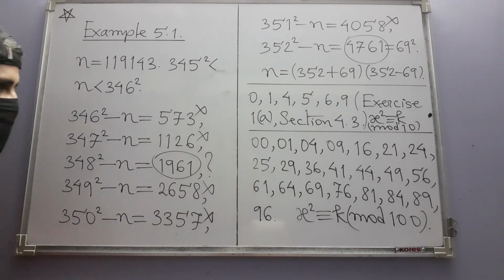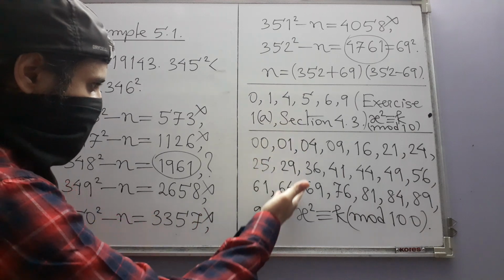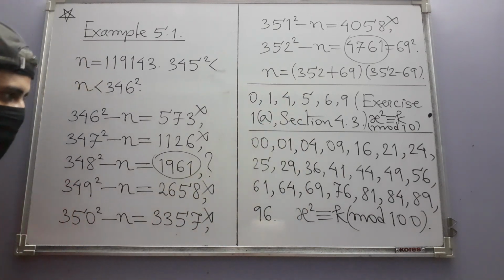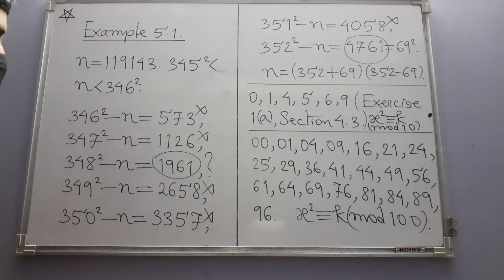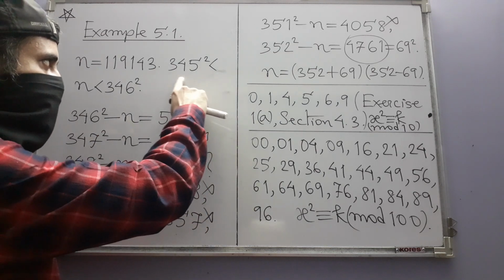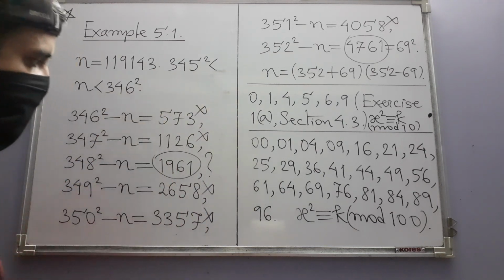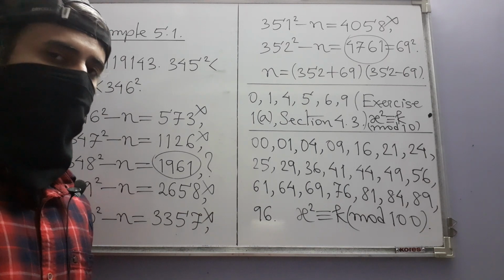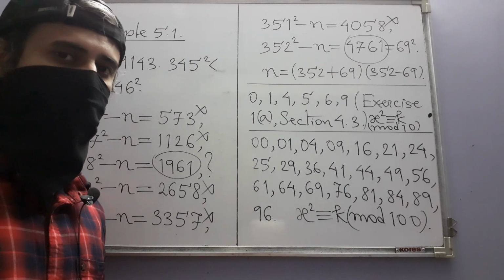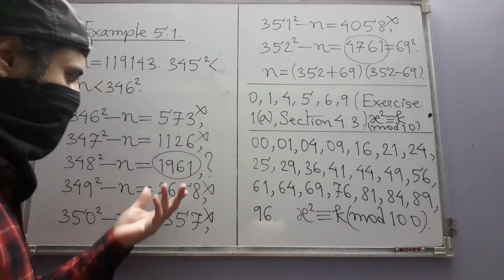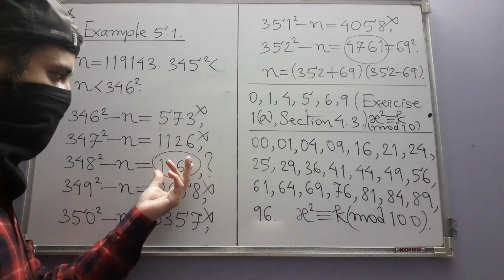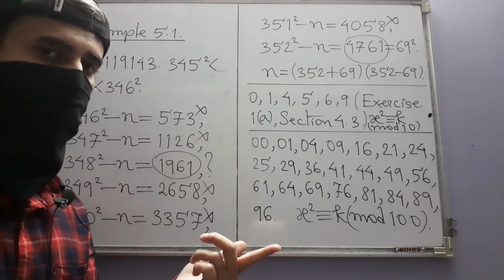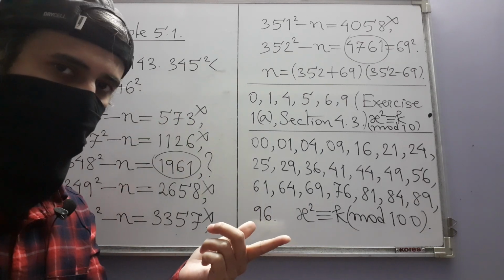But then if both these lists are failing to say anything about this, what can you then possibly do? Well, you can do something like this. You just arbitrarily take some integer and see what its square is. If that square is less than this, then you add 1 to that integer and take its square.